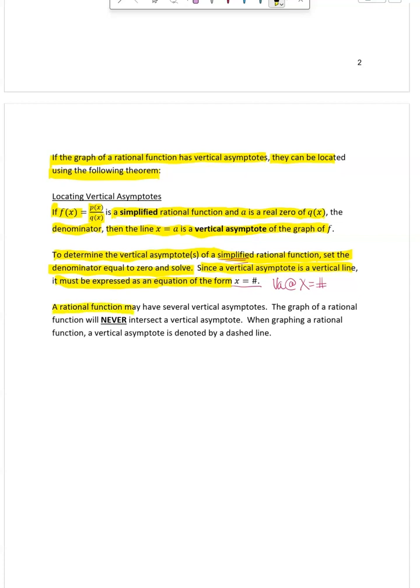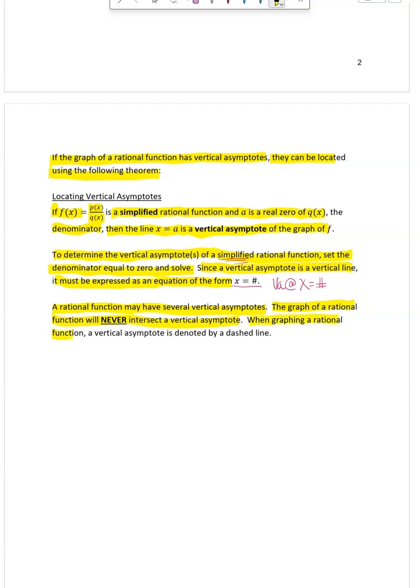A rational function may have several vertical asymptotes, okay? So there can be more than one vertical asymptote on a graph. The graph of a rational function will never intersect the VA. So the graph will not cross your vertical asymptote ever. It's impossible.